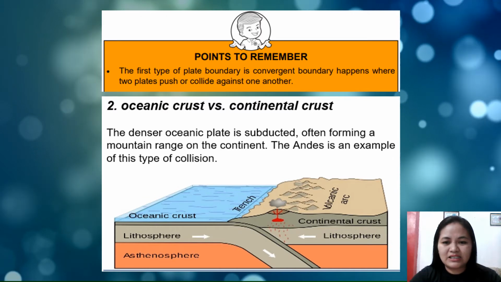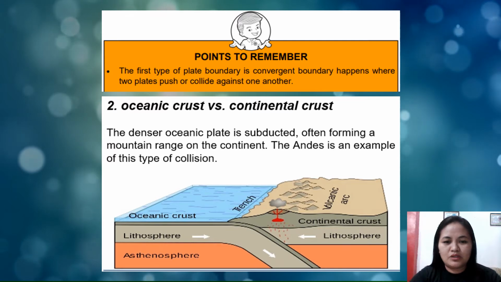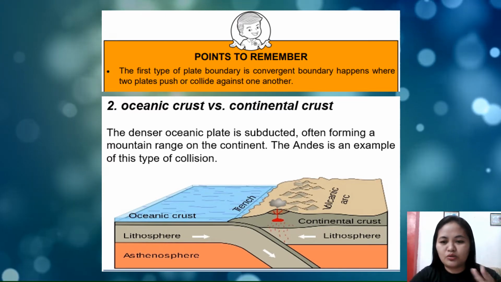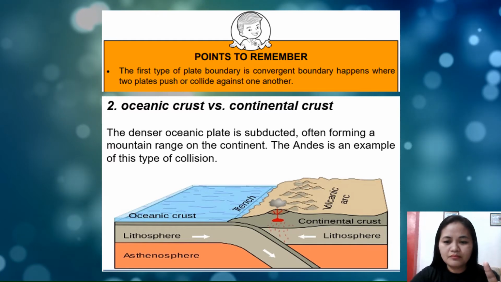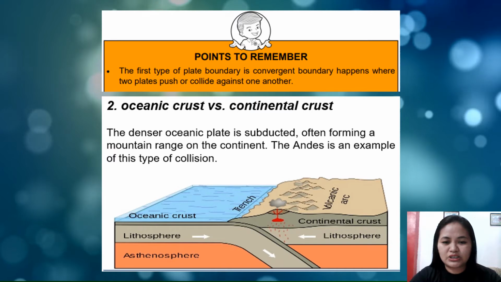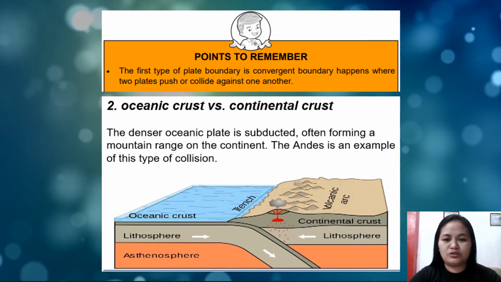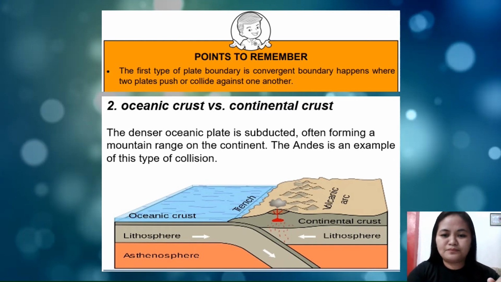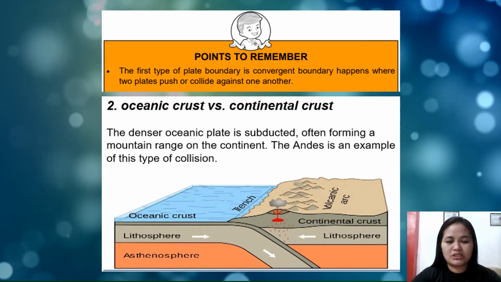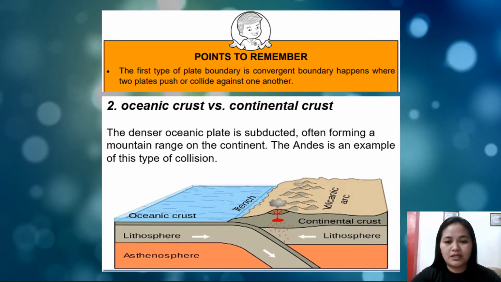The Andes is an example of this type of collision. So, in the first collision between two oceanic crusts, volcano, island arc, and trench are formed. In this kind of collision, or in Filipino, banggaan, there is a mountain range on the continent that is being formed.